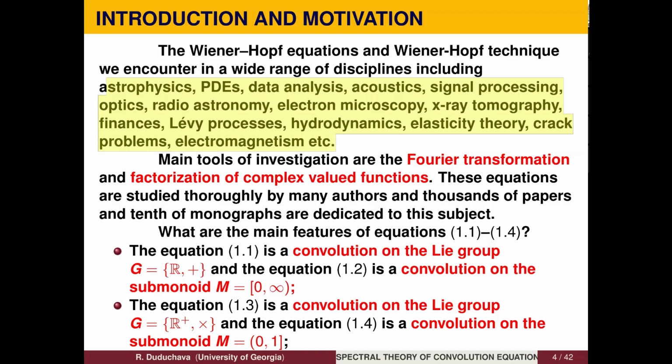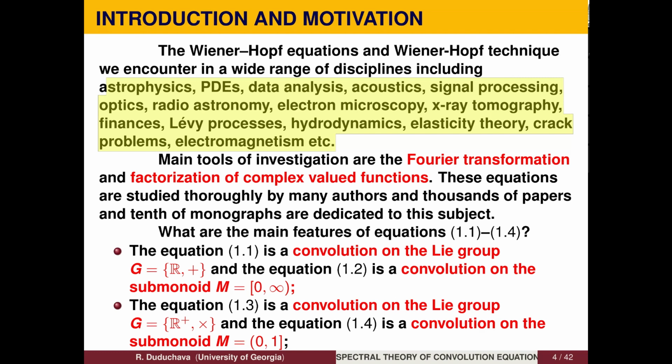Equation 1.1 is a convolution on the Lie group R, where the group operation is just the sum, plus. And equation 1.2, on the half-axis, is a convolution on the submonoid.